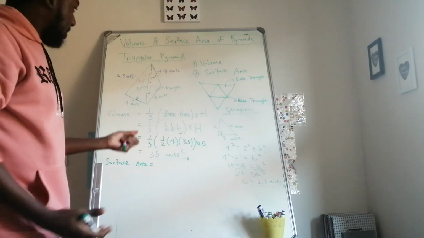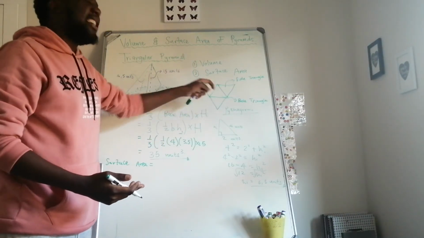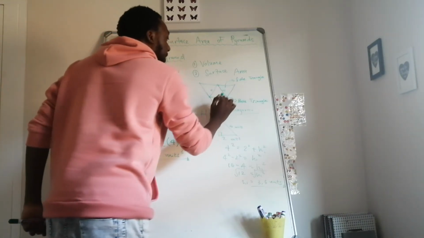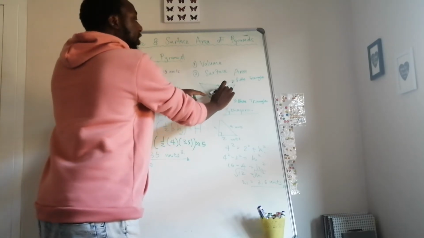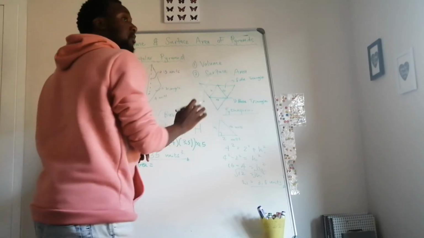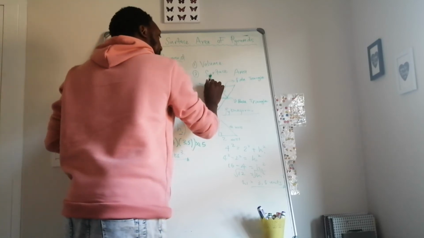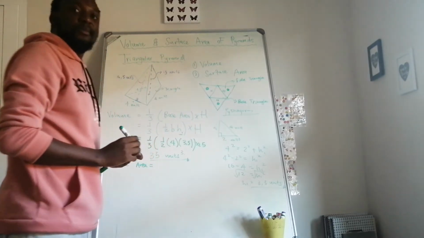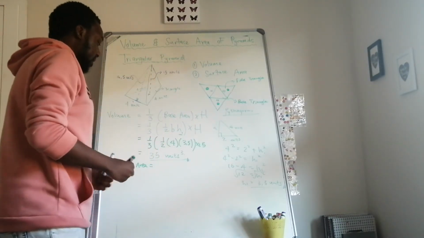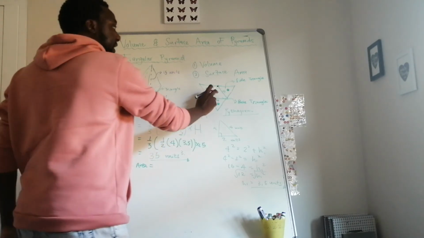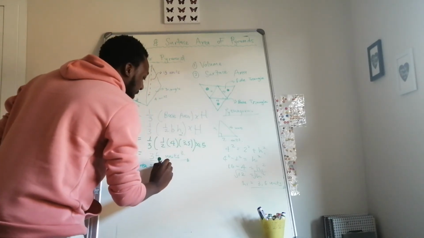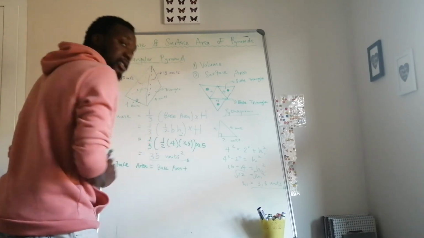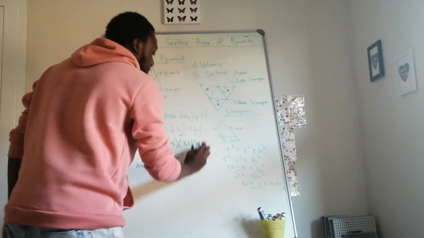One thing to note: since my base triangle is equilateral, there's a 4 there, a 4 there, and a 4 there, which means these side triangles are going to be the same as well. So the area of this triangle will be equal to the area of that triangle and that triangle. Let's write that in my formula: the base area plus 3 times the side area.